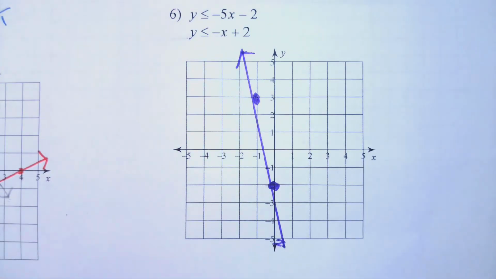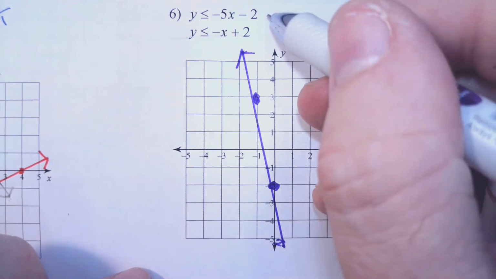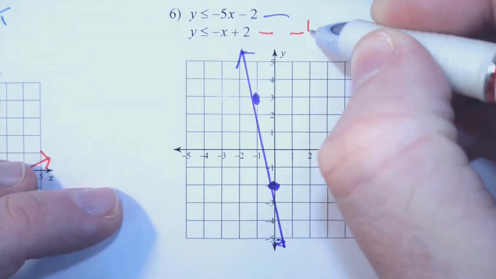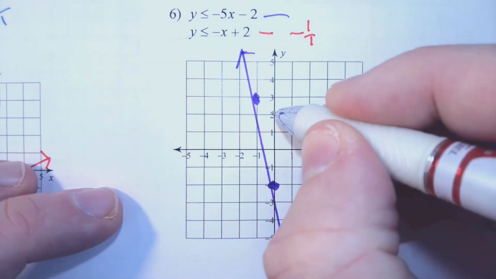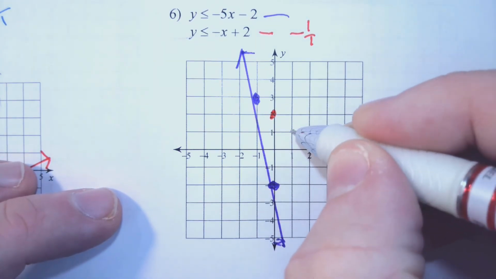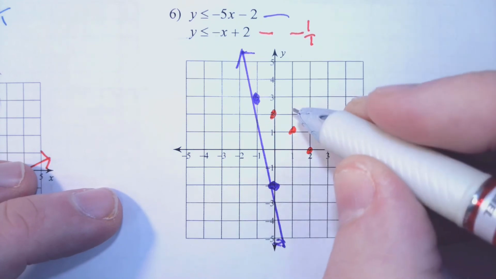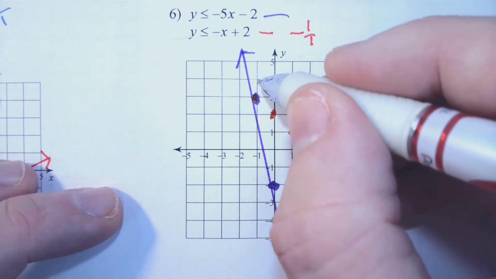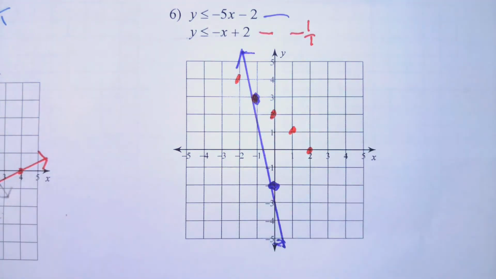Remember this next one is going to be, let me tell you, that's purple. This is red. Next one, remember that negative is -1 over 1. So I'm going to start on 2. Down 1, right 1. Down 1, right 1. Up 1, left 1. Okay, and we're going to make a solid line here.